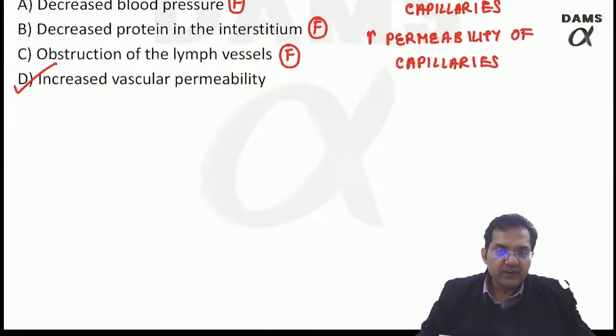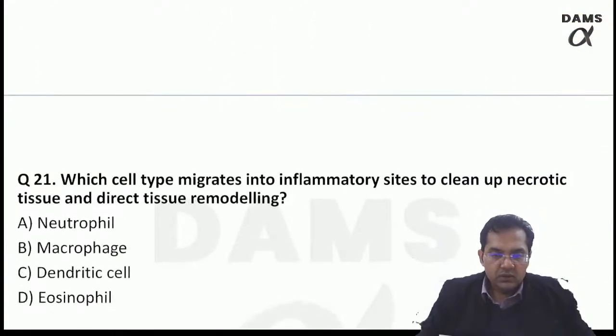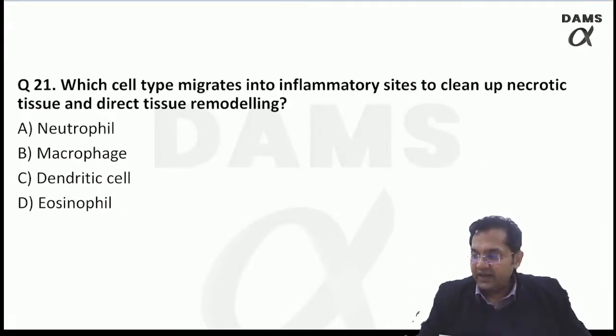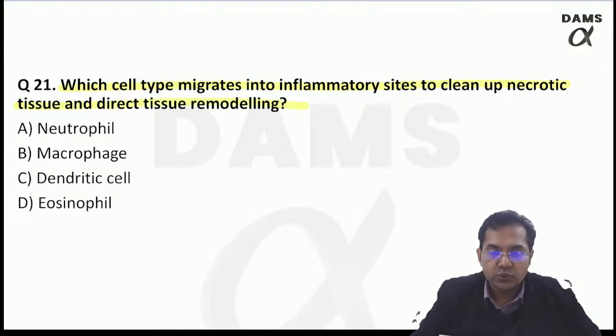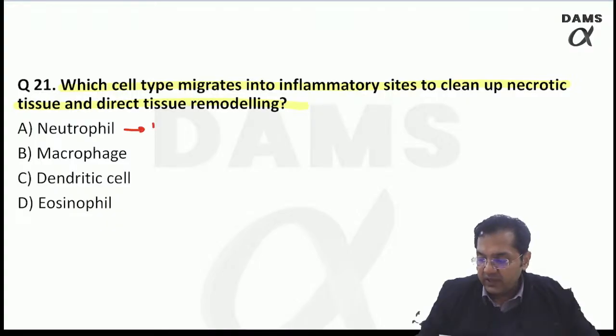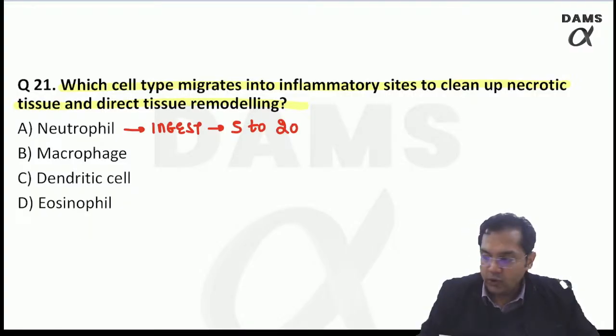Moving to 21. Which cell type migrates into inflammatory sites to clean up the necrotic tissue and direct tissue remodeling? Now understand, neutrophils cannot survive for months. They can only ingest 5 to 20 bacteria, we say, or the infection agents.